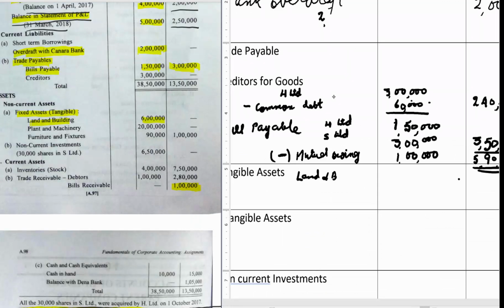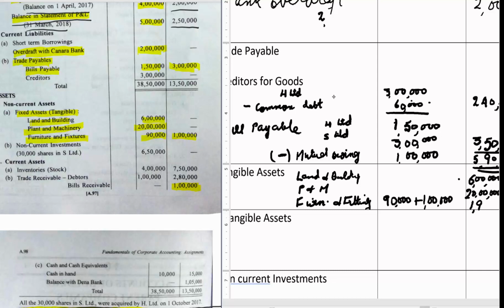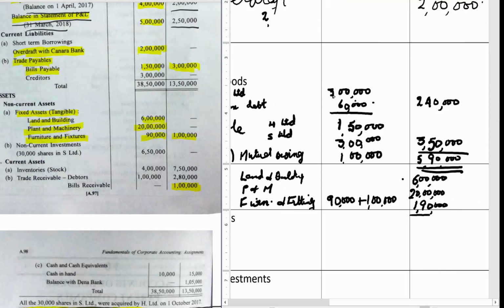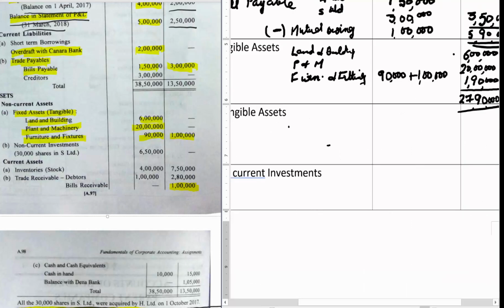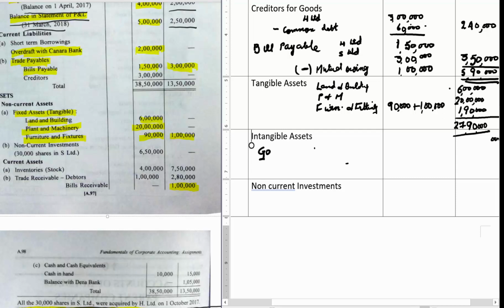The next point is tangible assets. In the balance sheet, we are given land and building as 6 lakhs, plant and machinery as 20 lakhs, furniture and fixtures as 90 lakhs, and 1 lakh for the subsidiary company, which would also be added to it. In intangible assets, we would be writing the goodwill we have just found out above.